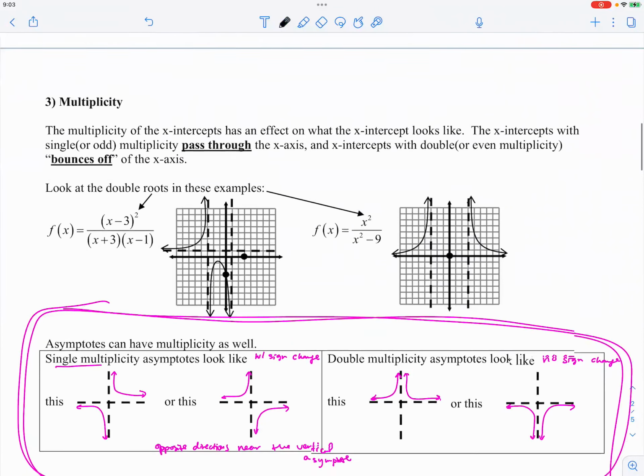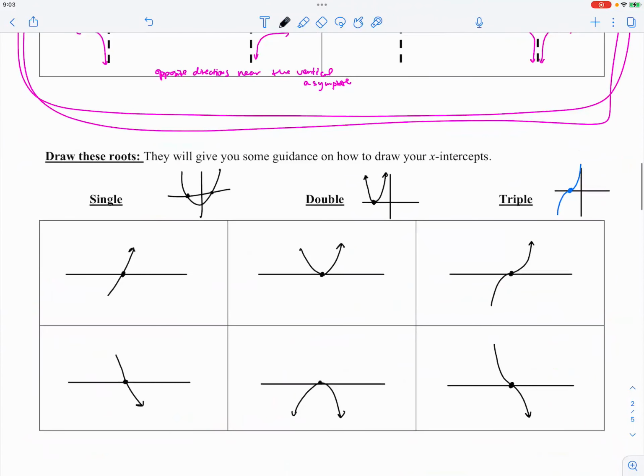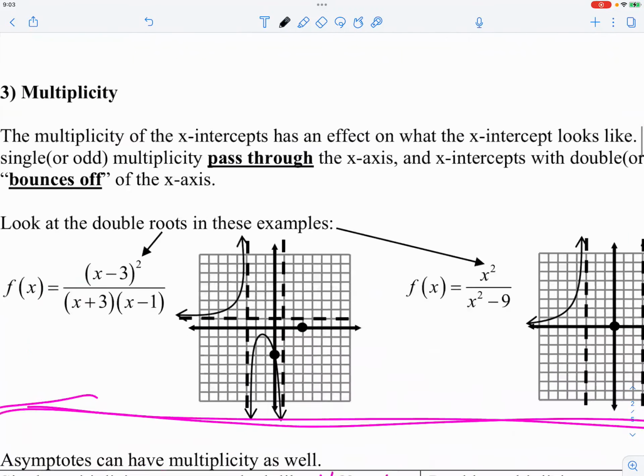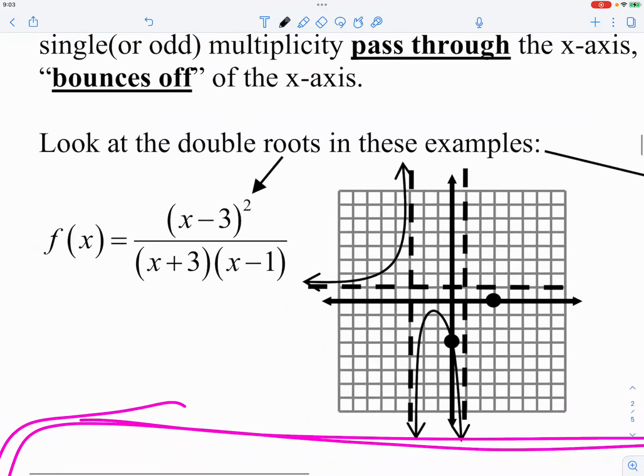Okay, so based on these 6 looks, let's look up right here. Can you see this square? What does it mean when we have a square right here? Well, here we go.